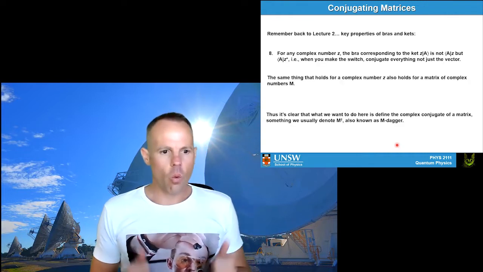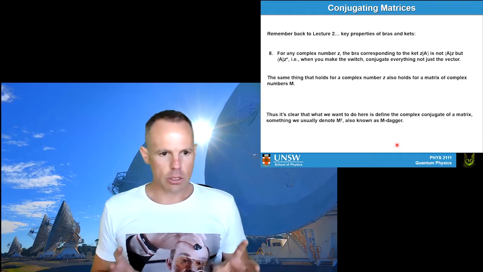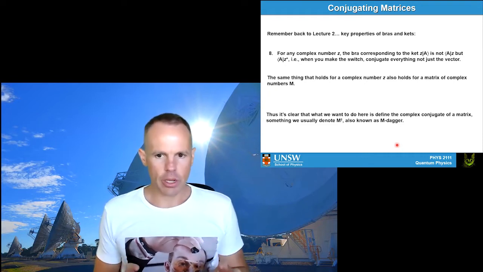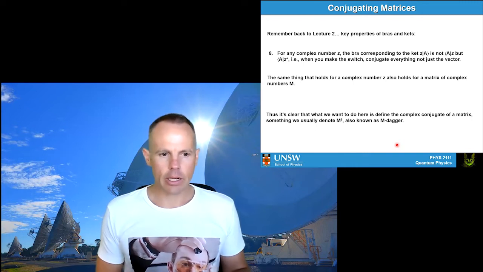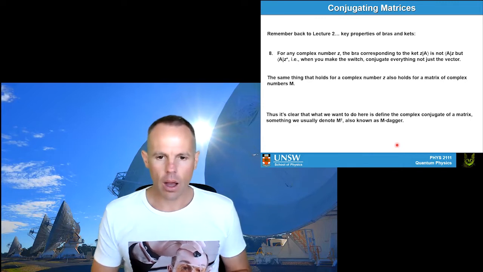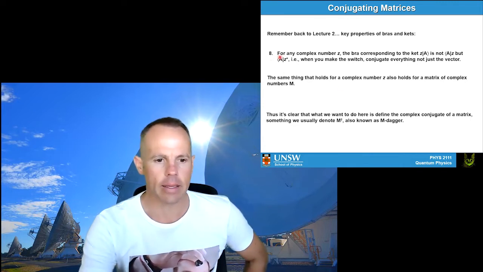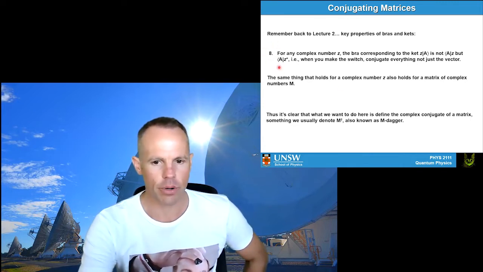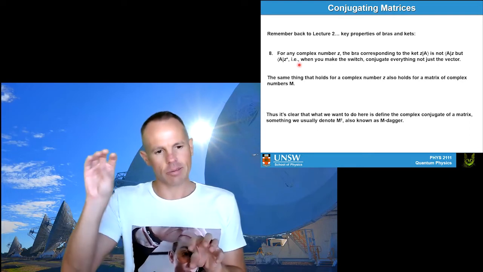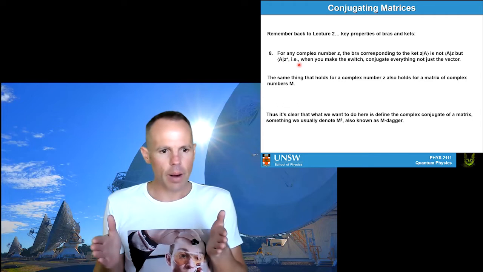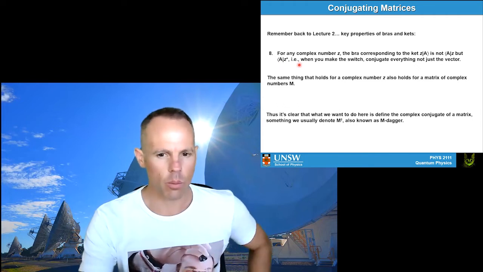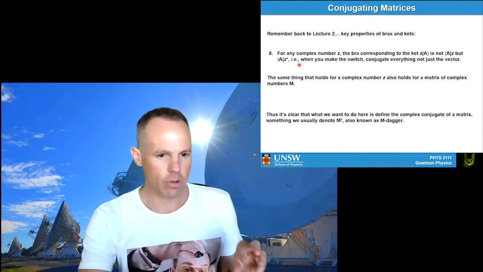One of the real things that's important about matrices is doing conjugation properly. If you remember back to lecture 2 when we talked about the key properties of bras and kets, we had this little 0.8 at the end, and I stopped on it briefly because it's not just maths being well behaved, but one you might not expect, and very important, because if you don't get it right, everything goes wrong.